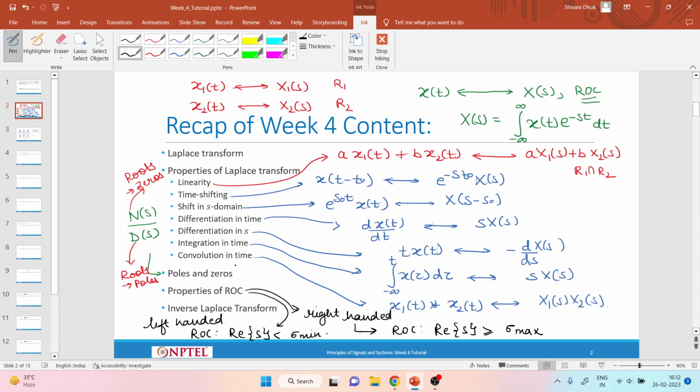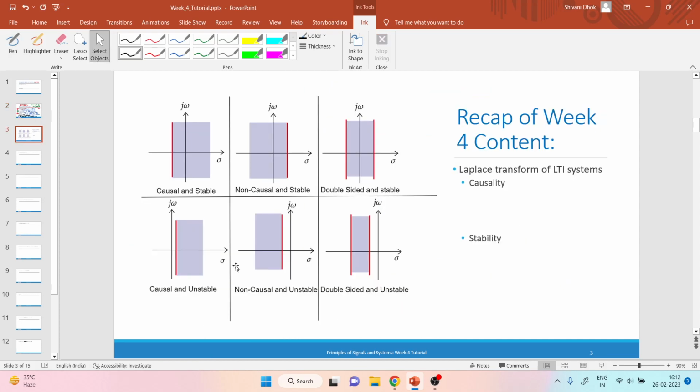Then the inverse Laplace transform was also discussed, and there were some simple techniques that were used to find the inverse Laplace transform. After that, the Laplace transform for LTI systems was discussed. Basically the concept is something like this.